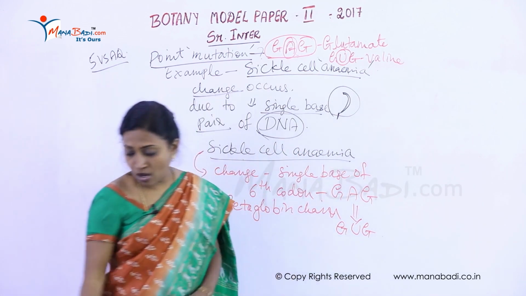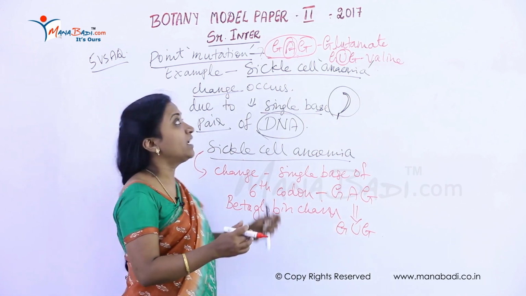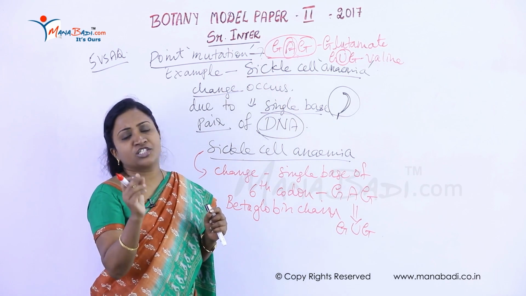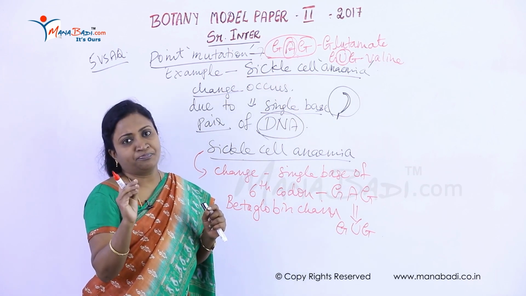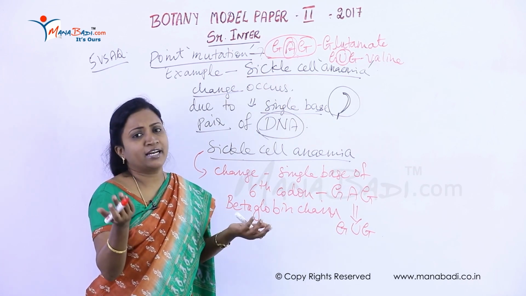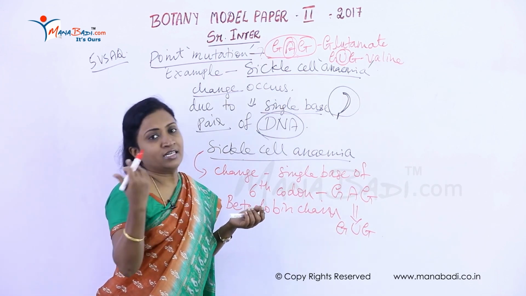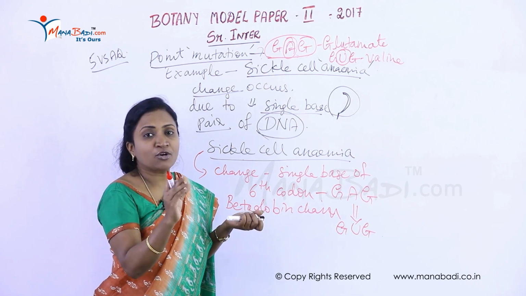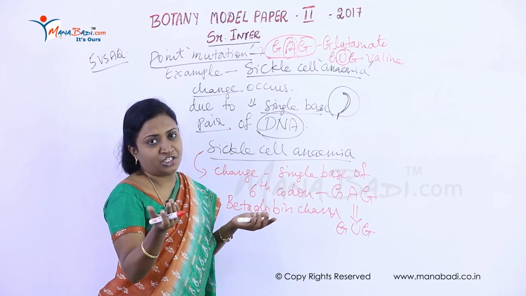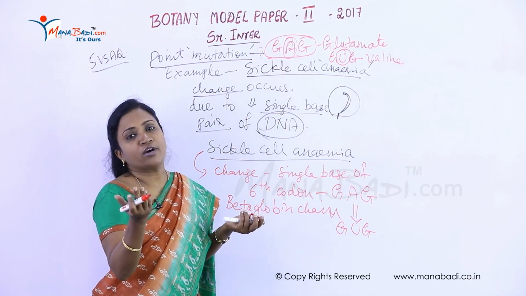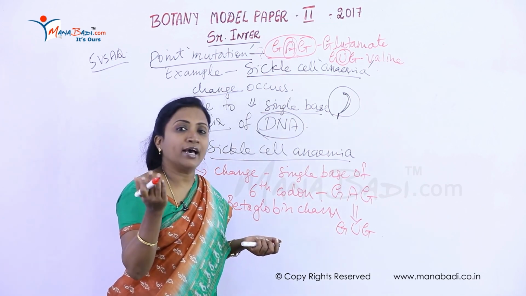So point mutation is a change or alteration in a single base pair. This can lead to differences, as the triplet code changes and the codon codes for a different amino acid.